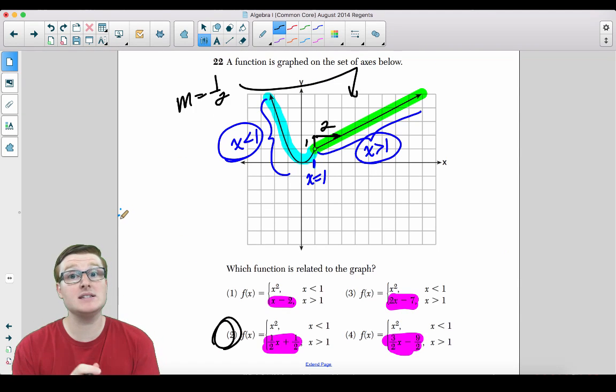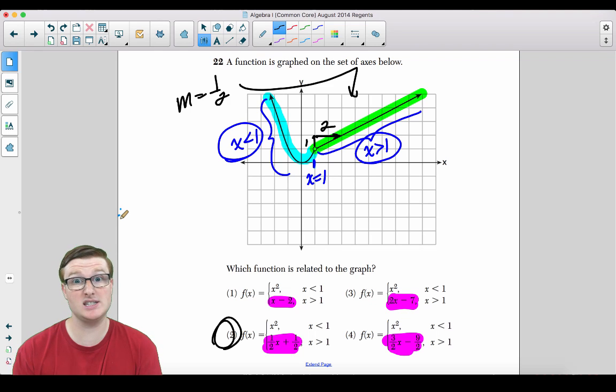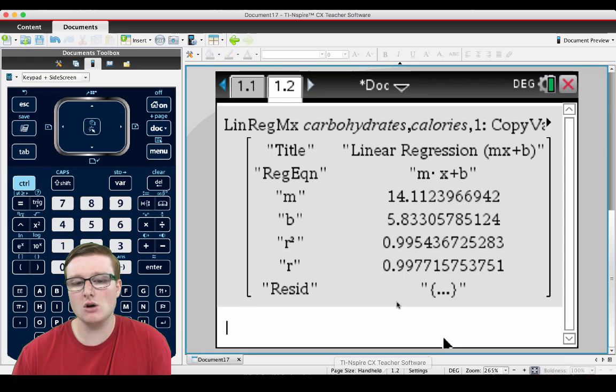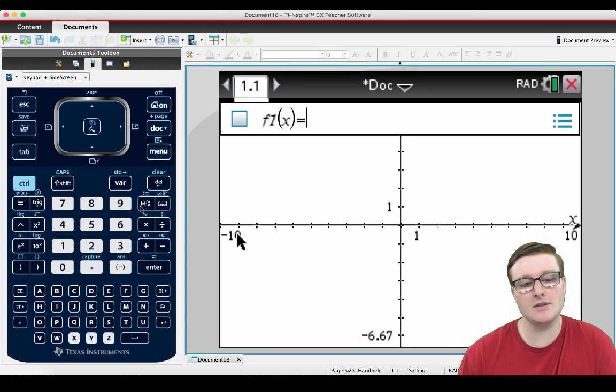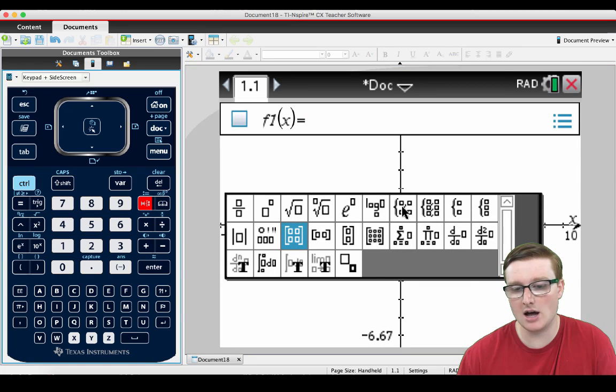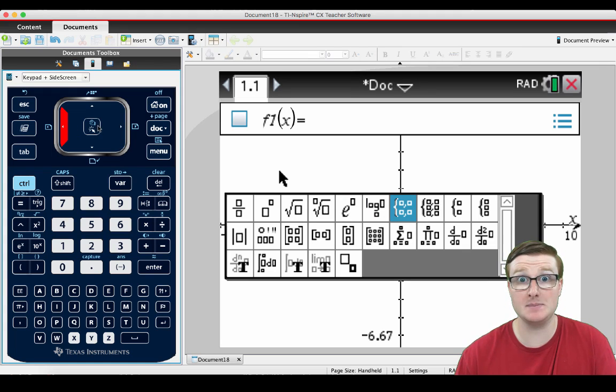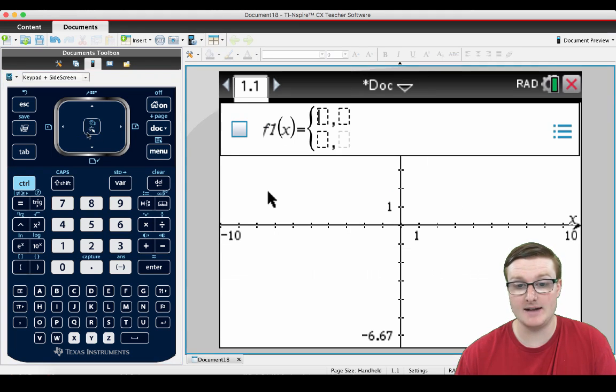Now, by the way, did you know that you could graph piecewise functions in the TI Inspire? Yeah, just another reason to get this calculator, right? If you go to your graph page and you click on the button next to the book or the catalog, and you click on this little 4-window thing here, that's a piecewise function. Click that.